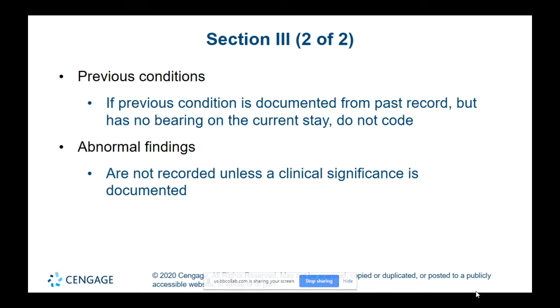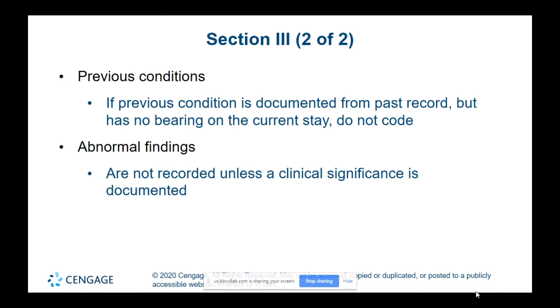For previous conditions, if it is documented in there, but it has no bearing on whatever they're there for, then you don't code it. So if somebody came in and it was documented that they were a previous alcoholic with a leg fracture, that could be related, but it has no bearing on the current stay.